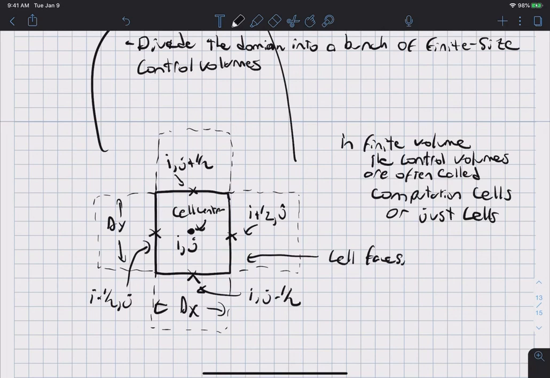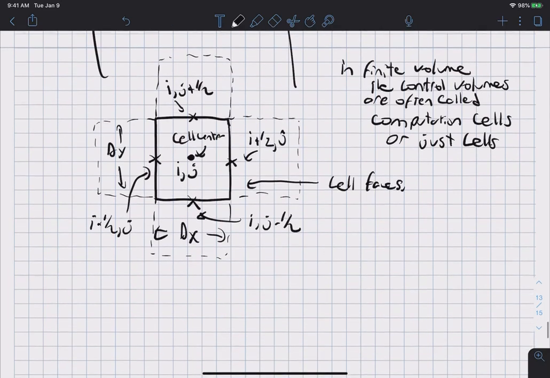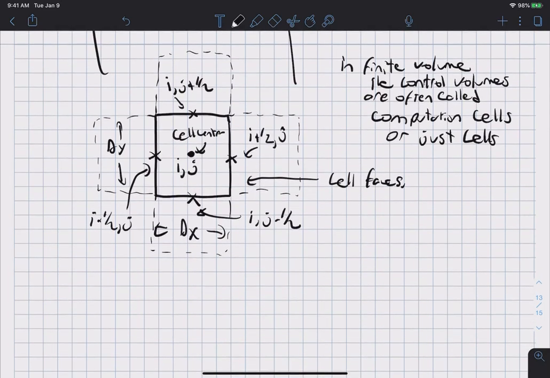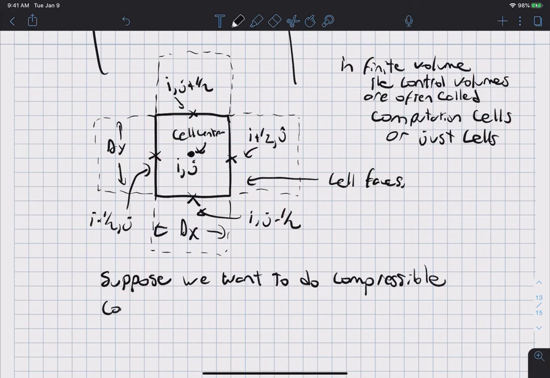And I think you can kind of see where we're going with this. We basically use the integral form, or the Reynolds transport theorem form, of the conservation laws directly. Suppose we want to do conservation of mass.